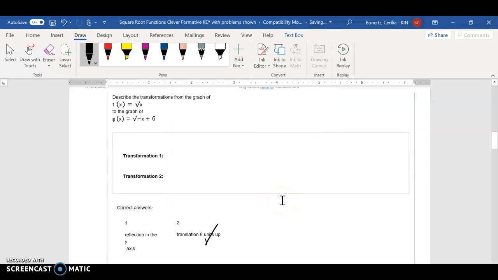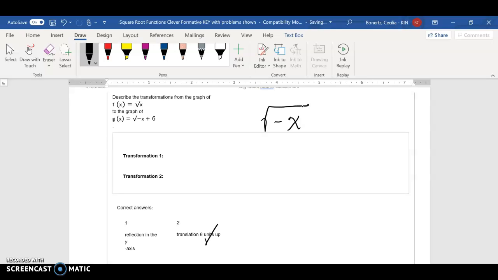This other part, if you think about what it means to have negative x underneath the square root symbol, this still has to be positive. So that basically means that all of my x's have to be negative, so that when I put the negative in front of them, the opposite of a negative number is going to be positive.